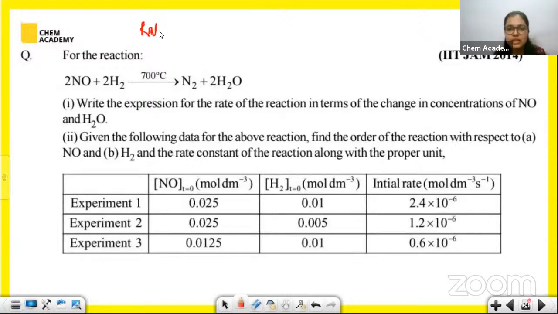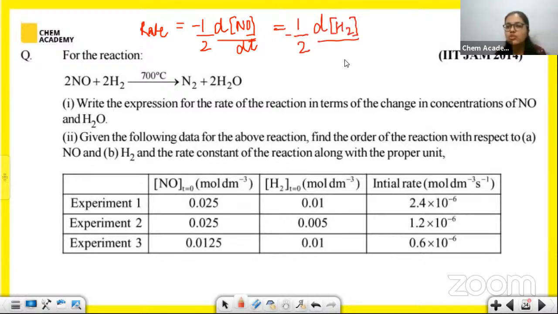We can write it as rate equals minus 1/2 dNO upon dt equals minus 1/2 dH2 upon dt, equals dN2 upon dt, equals 1/2 dH2O upon dt.